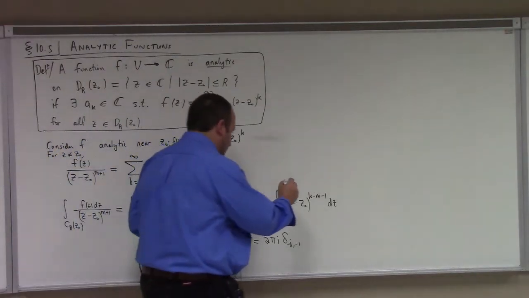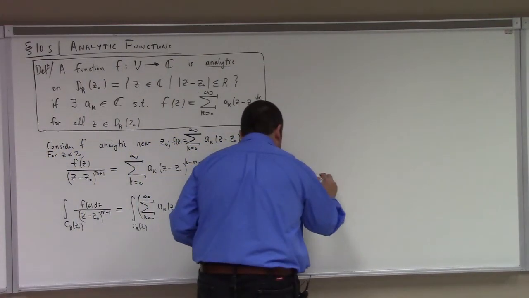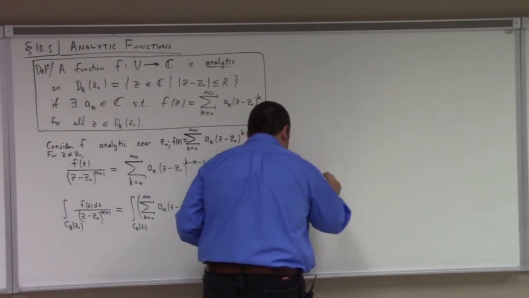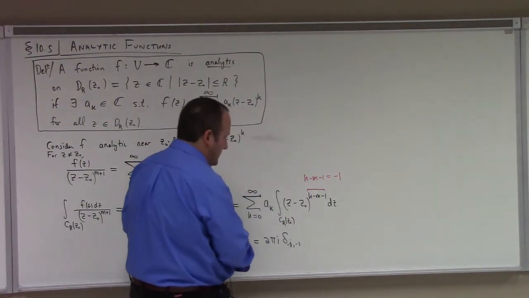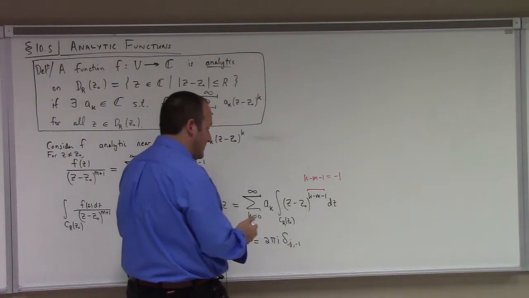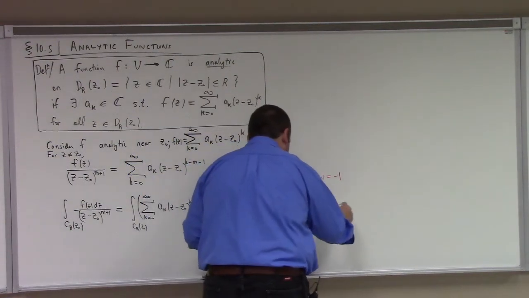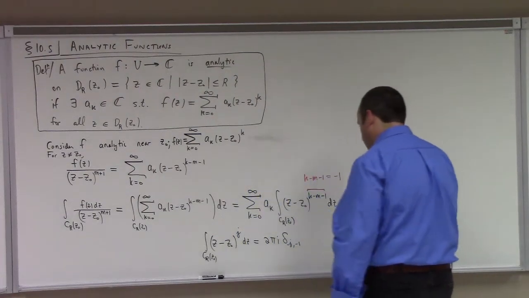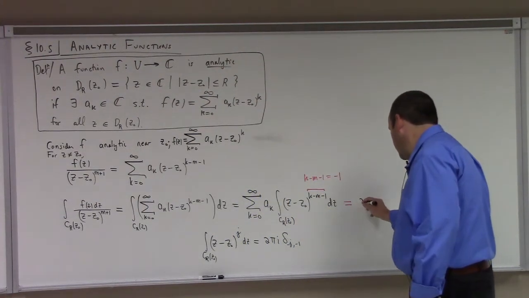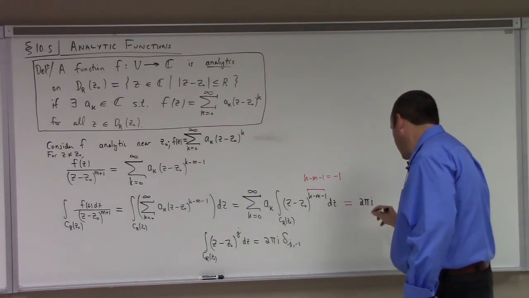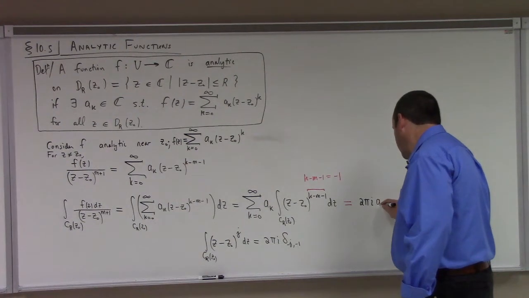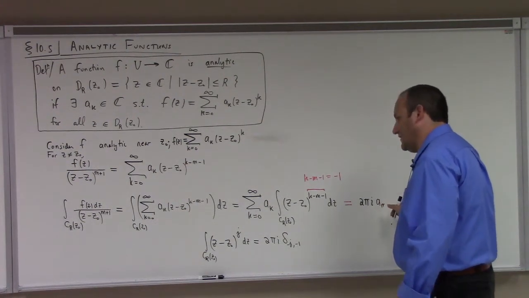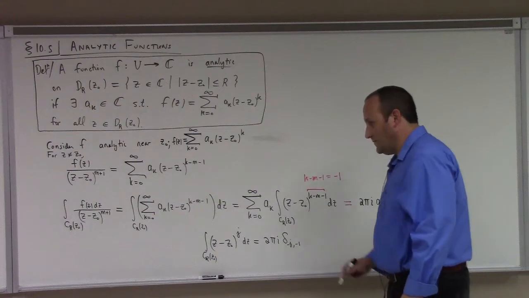Right, so k minus m minus 1 equals minus 1 means what? k equals m, right? So this is 0 except for k equals m, which leaves us with 2 pi i a sub m. Well, I said m. Yeah, a sub m, right?